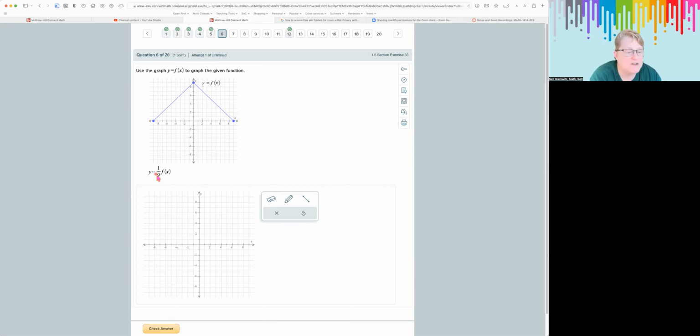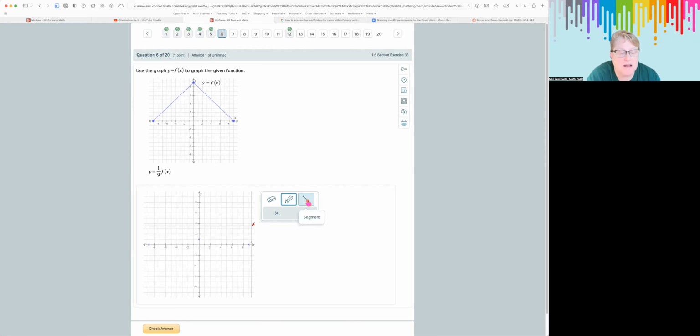So if I multiply 0 times 1/9, I still get 0. So the point will still be -9, 0. What about this point at 9, 0? Exactly right. It will stay 9, 0. The only one that will change is the point at 0, 9. If I multiply the number 9 by 1/9, I get 1.